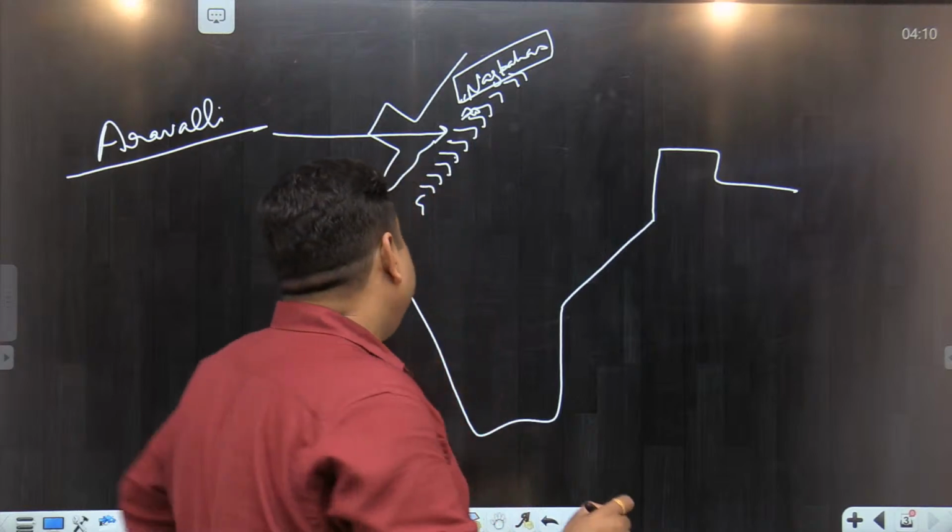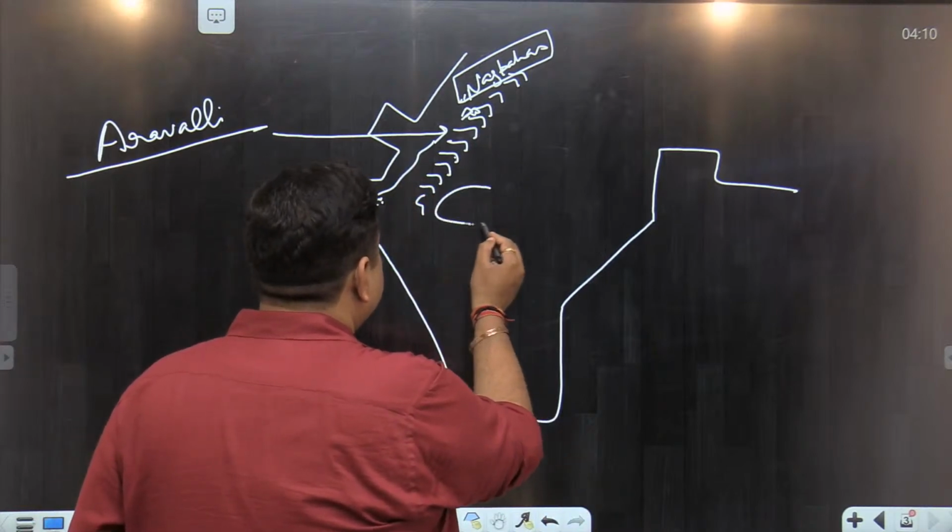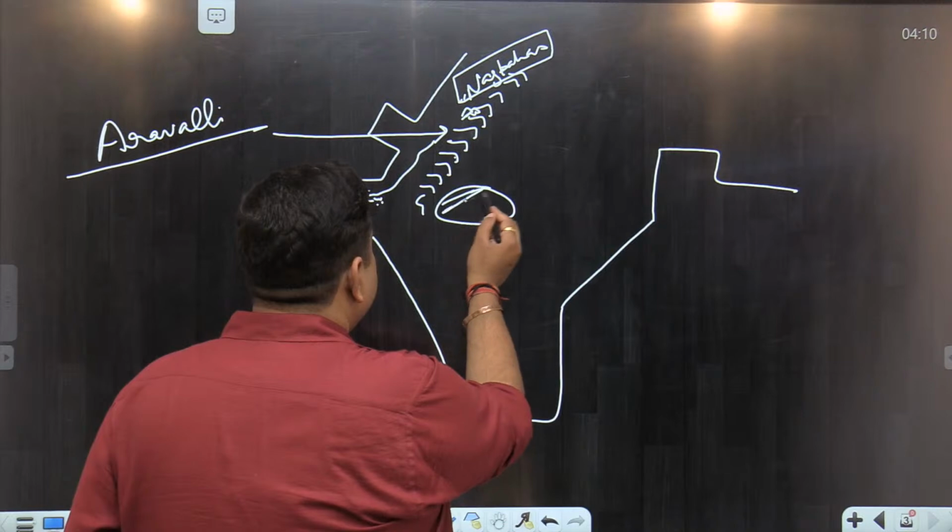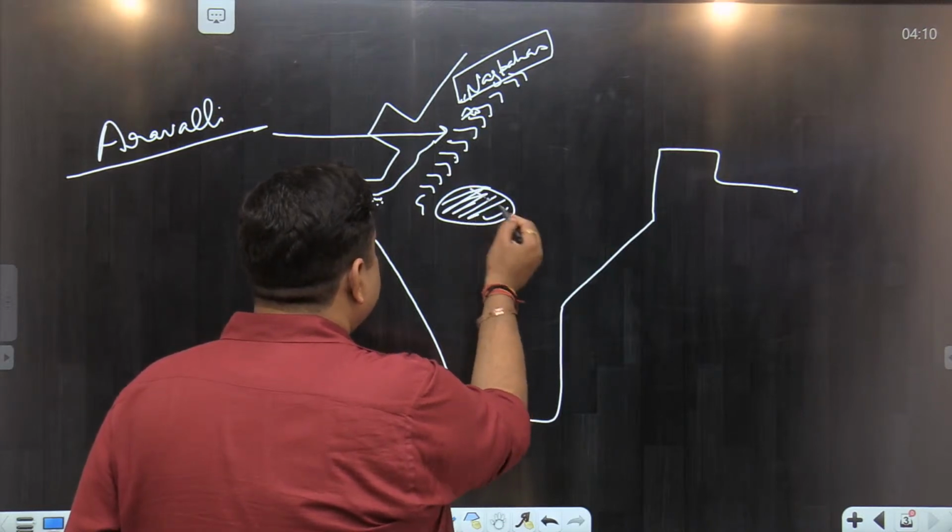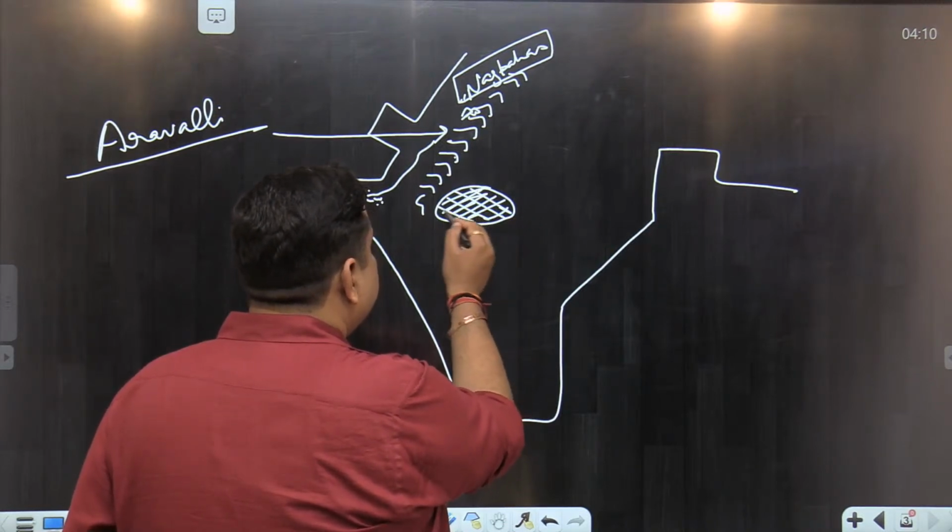Then in between, we have an interstate plateau region known as the Malwa Plateau.